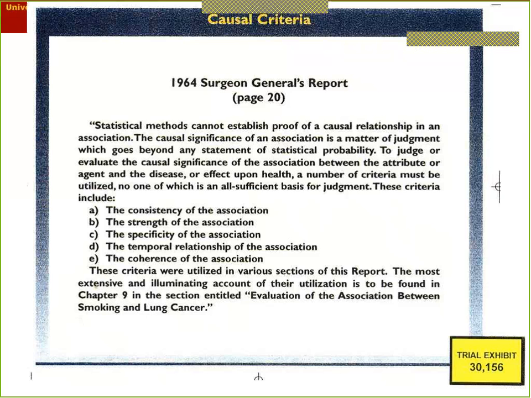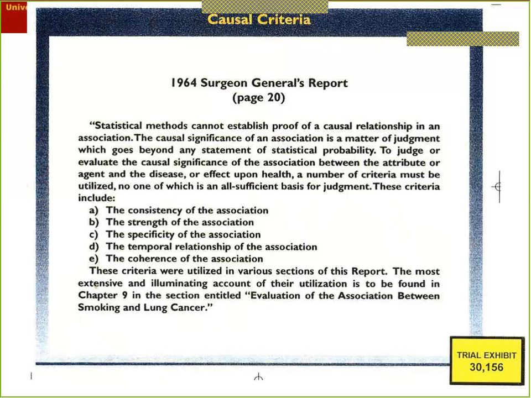In the 64 Surgeon General's report, there's this brief chapter on these causal guidelines, and this is taken from that report, and you can see here are the 5 guidelines proposed in the 1964 report, and we'll come back to these in a moment.